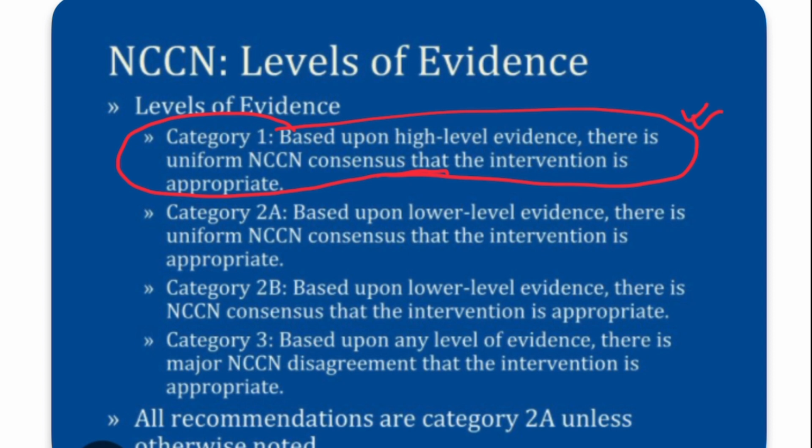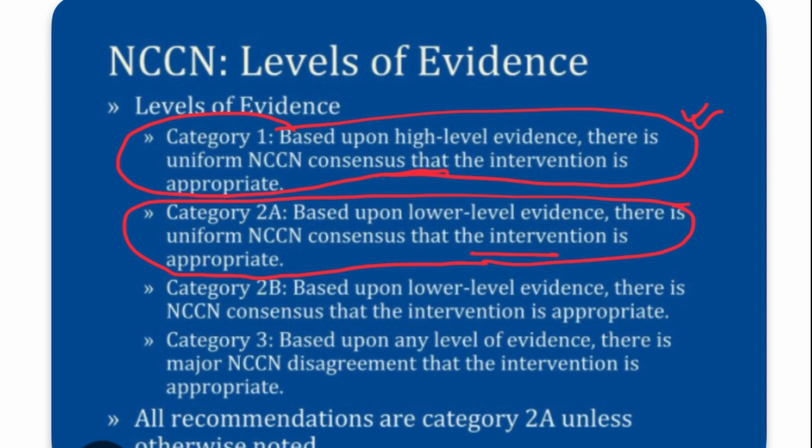So category 1 is possibly the best level of evidence as per NCCN. Category 2A is based on lower levels of evidence, but all the members of the panel have come to a consensus that this is to be followed. So that is a category 2A recommendation.